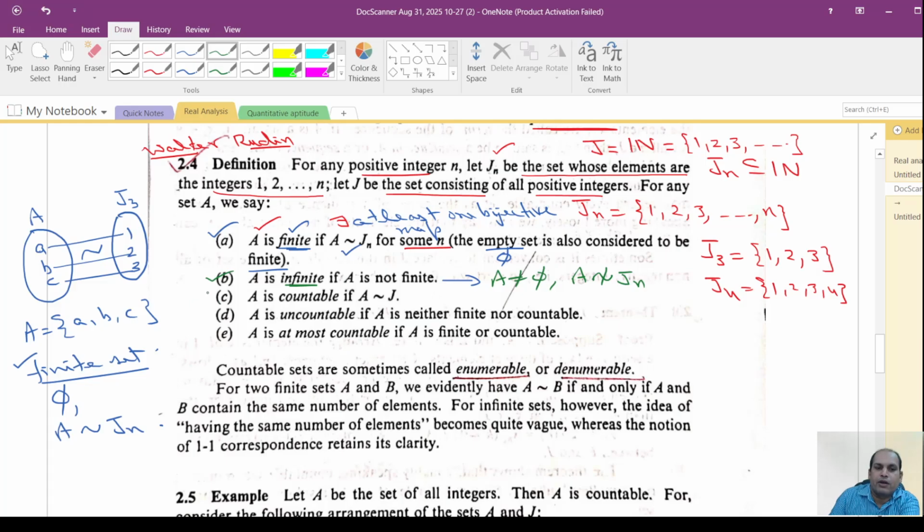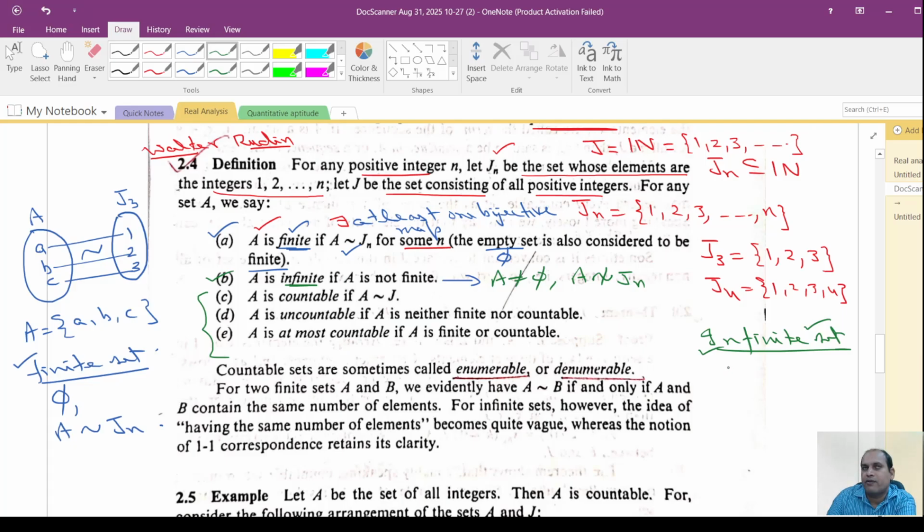Now, for the remaining part, I will give some examples. For example, infinite sets, we will do the proof later on. Here I just want to emphasize what we mean by infinite set using the function concept.